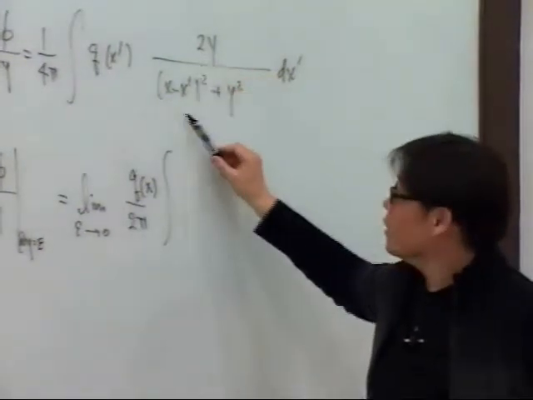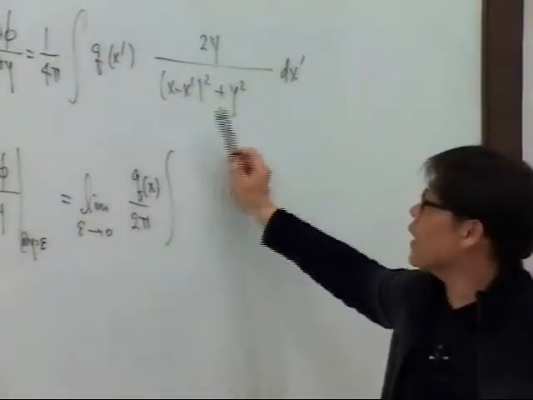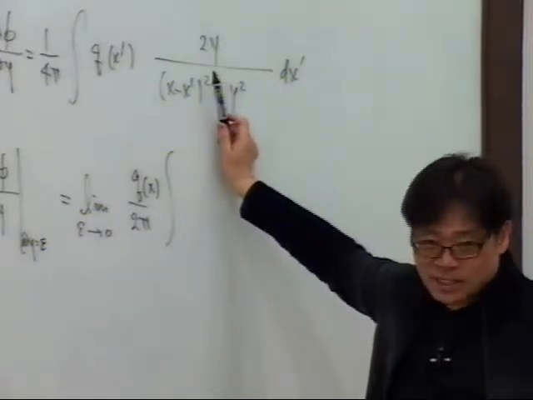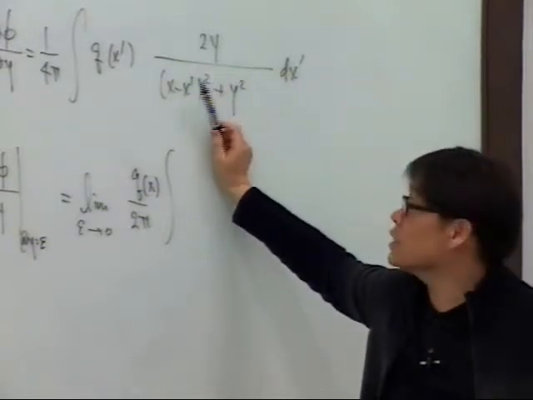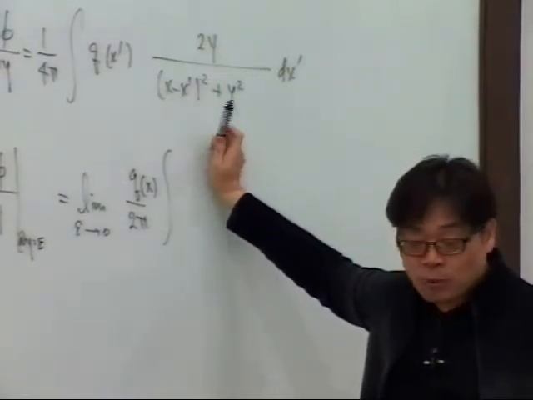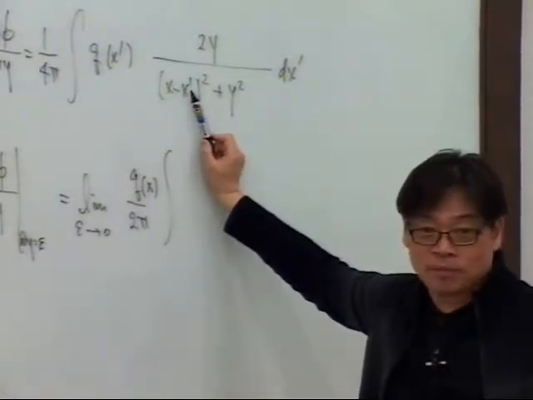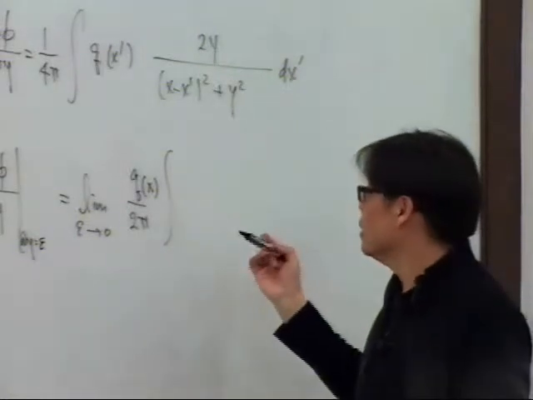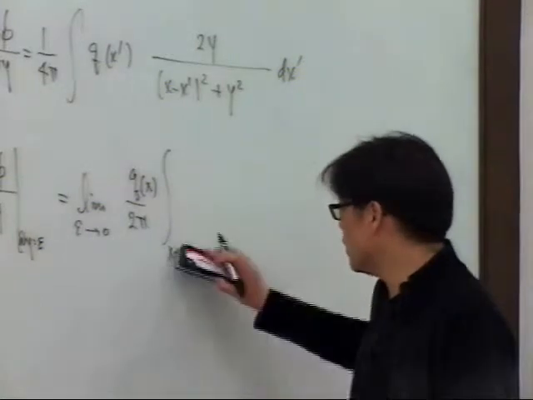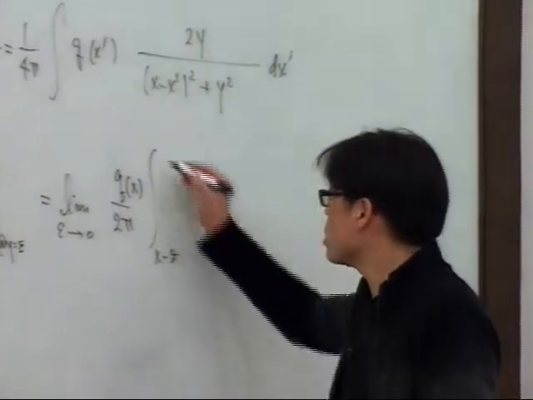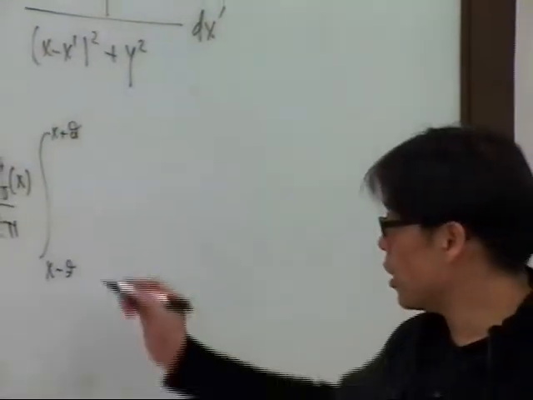If x is not x prime, then this is 0, which is not of our interest. So I'm only interested in the case when x is equal to x prime, or near there. So let's say x minus delta. I'm looking at only the neighborhood of x prime equal to x.